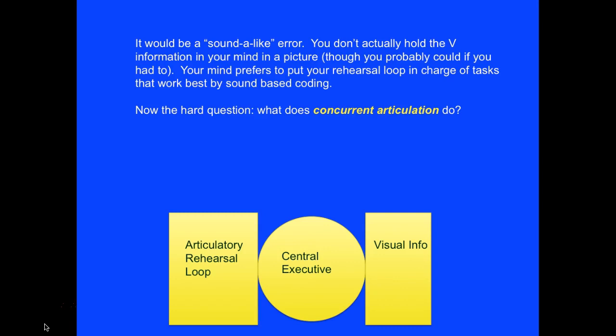Now, let's review a few things that we've said. We've said that the working memory system separates visual information from sound information. We've said that you can't do 2 different sound tasks at once, but you can do a visual task and a sound task at the same time.